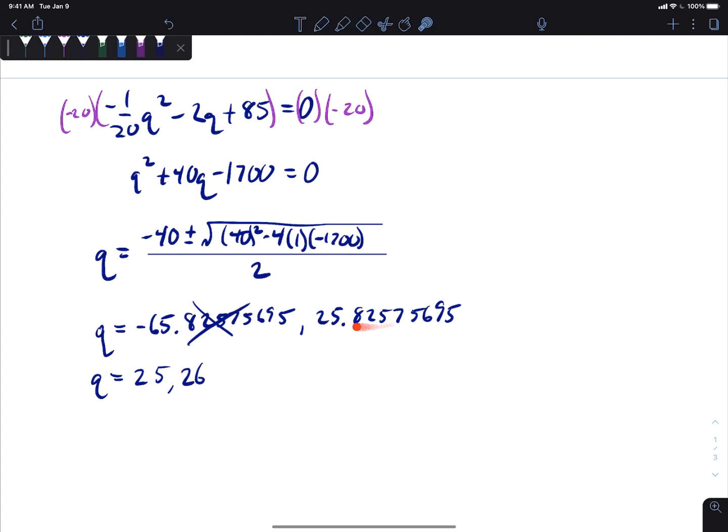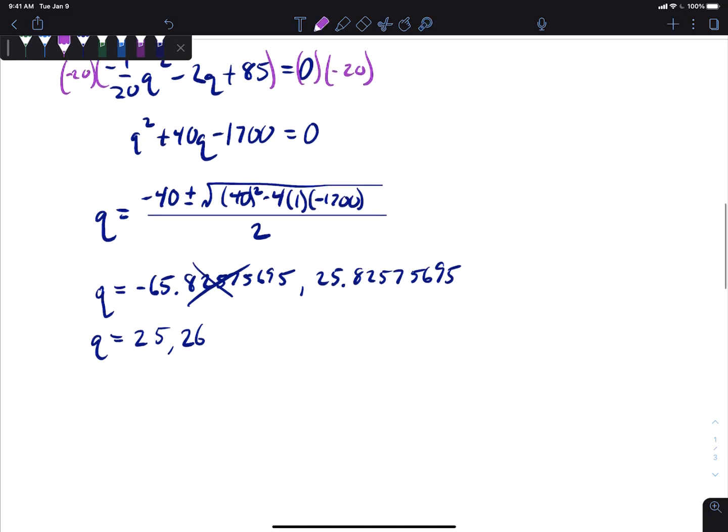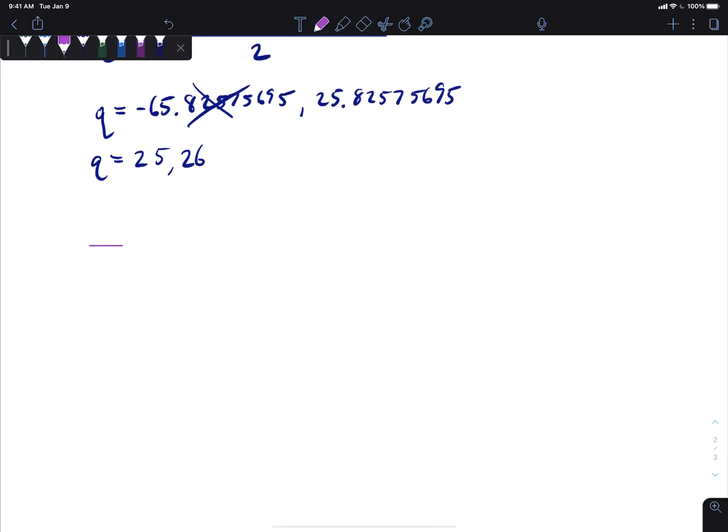But this is our critical number. So on the number line, notice that that critical number is 25.8257695. Awesome. The question is, is that a maximum profit or a minimum profit?